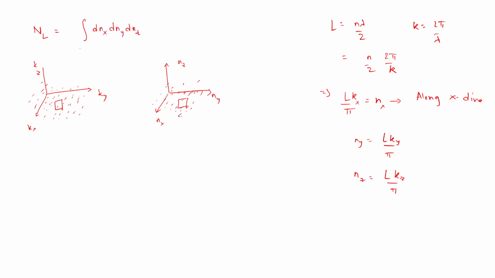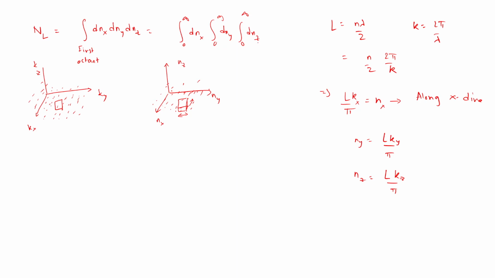We want to count the number of states, so this is a small volume here, and we have to integrate over the first octant. What it means is 0 to infinity dnx, 0 to infinity dny, 0 to infinity dnz. This is how you count the number of states.